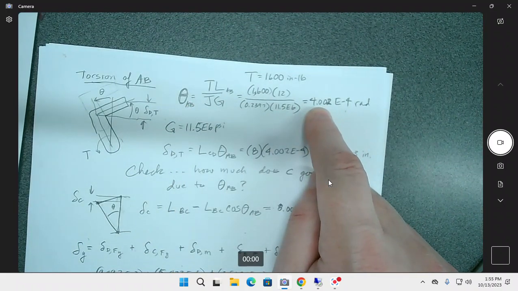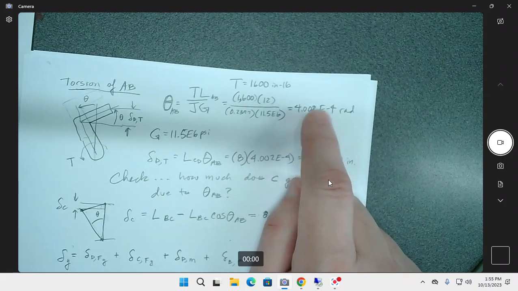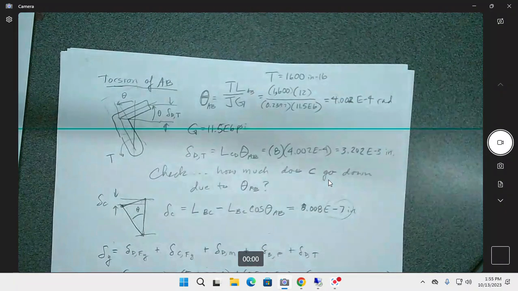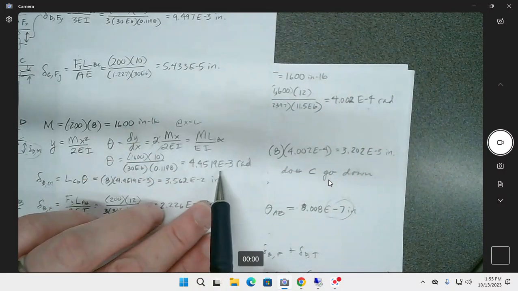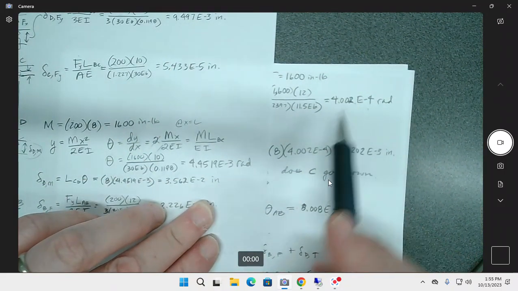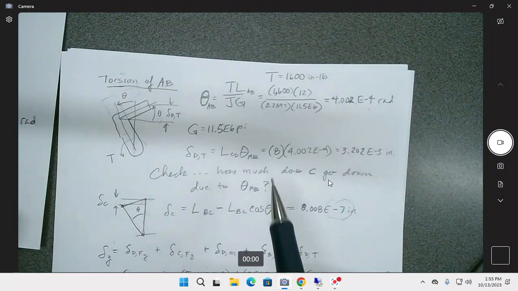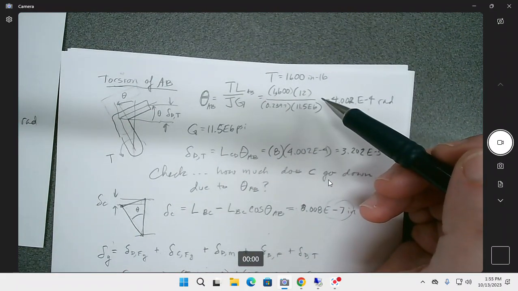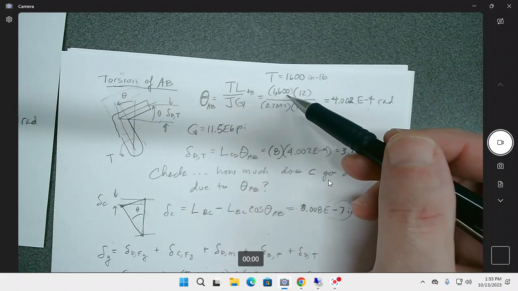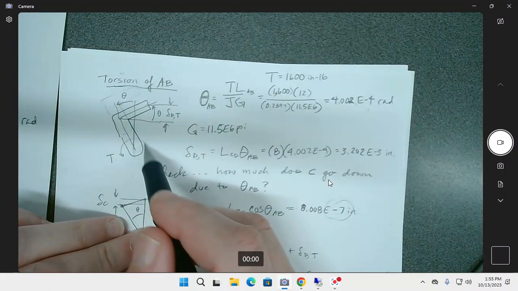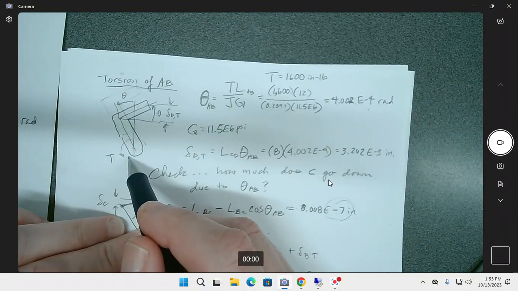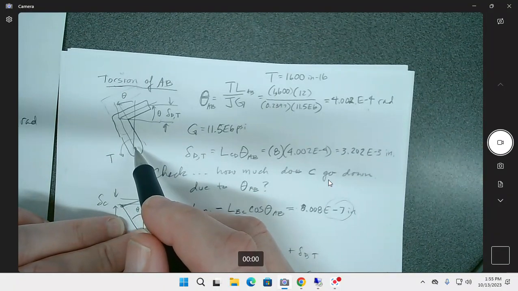The amount of angle here, I would have thought would have been way more. This is actually a lot smaller than that. So let's see. Right, because this thing is twisting, and I would think it'd be really subject to being twisted.